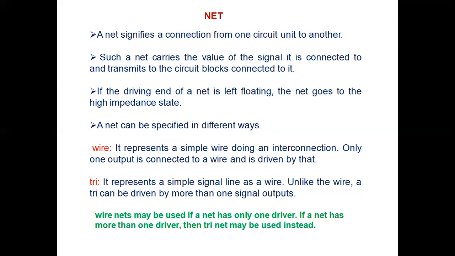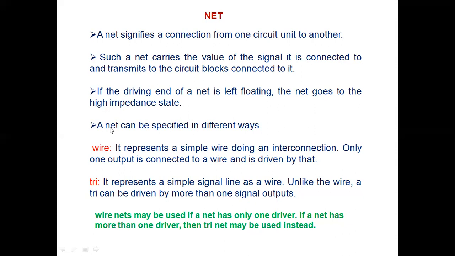In the normal case, where one NOT gate is connected to the second NOT gate by a net or wire, if there is no problem, that net or wire will always carry some signal value, either logic 1 or logic 0. But if the net enters the floating state, then we call it the high impedance state.